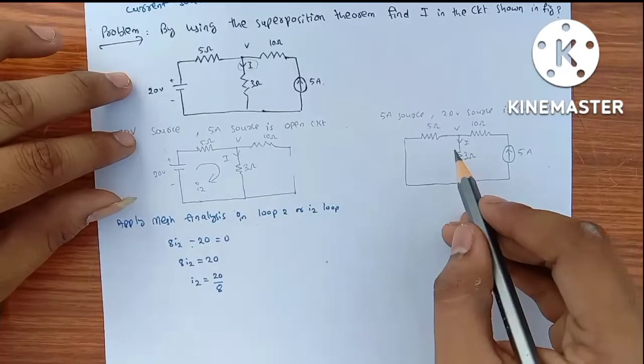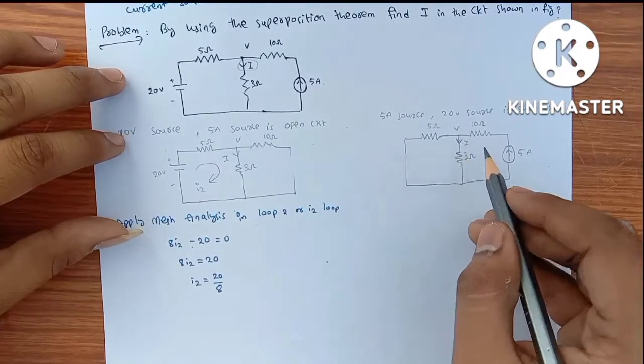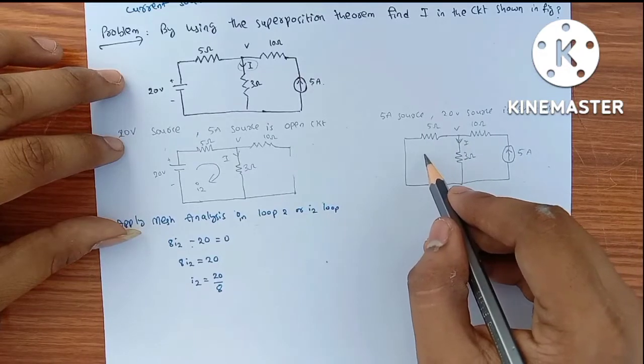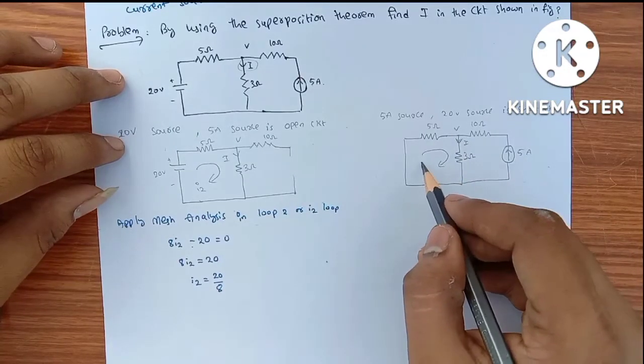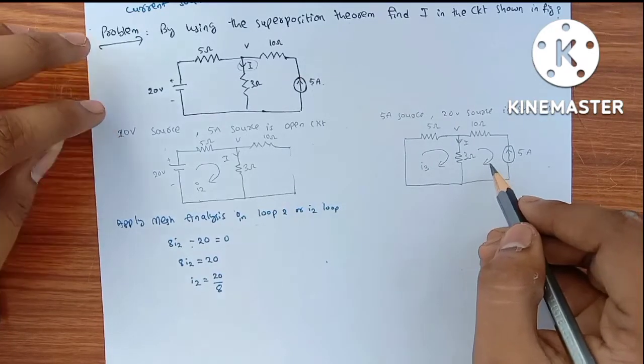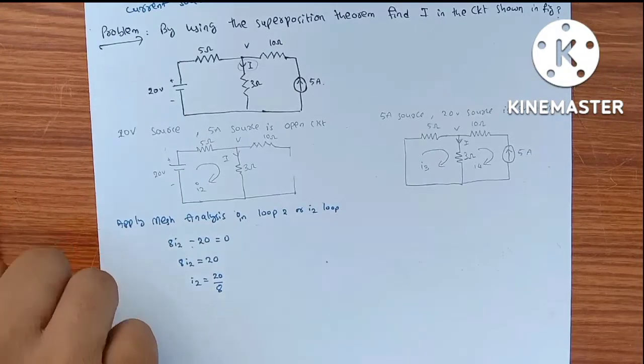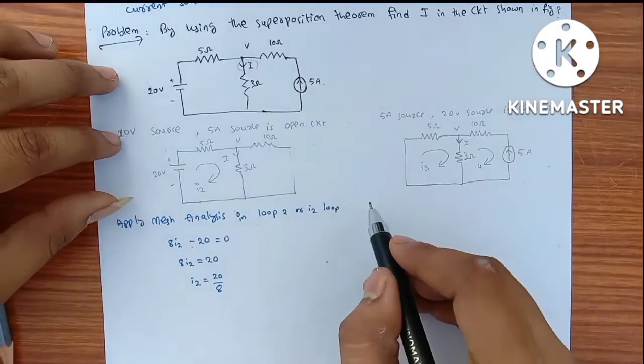Similarly, here also I am going to find I. Applying mesh analysis, naming this loop current I3 and the current in the other loop I4.